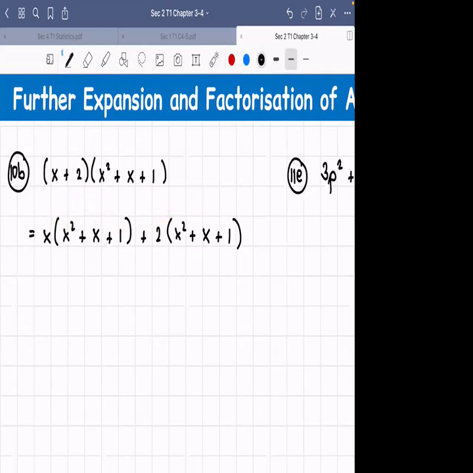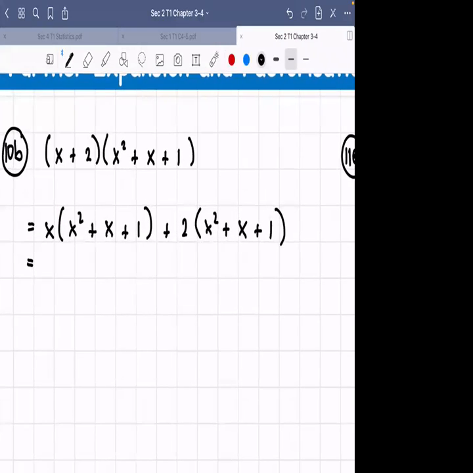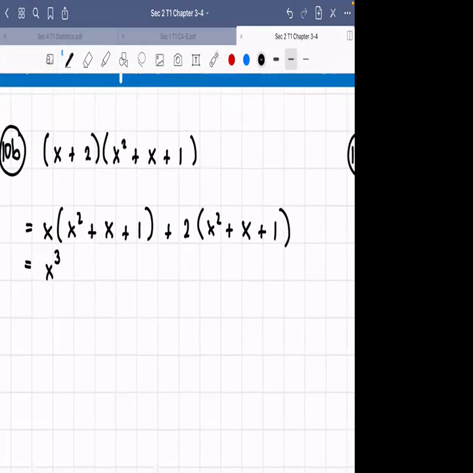So what happens with this? x times x squared becomes x cubed, plus x times x is x squared, and then x times 1 gives you plus x.